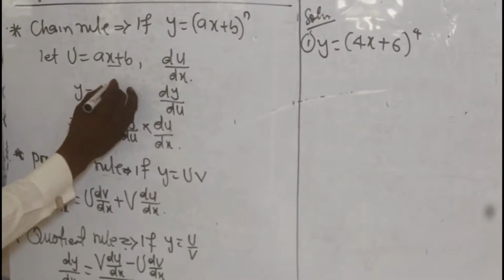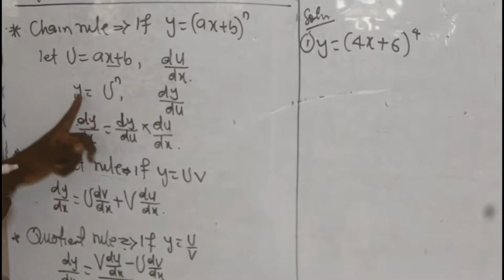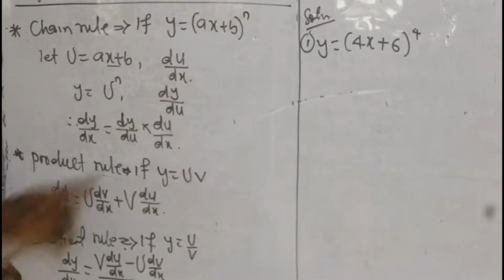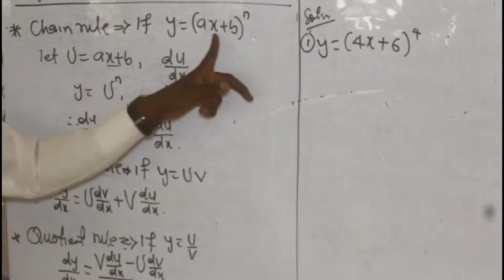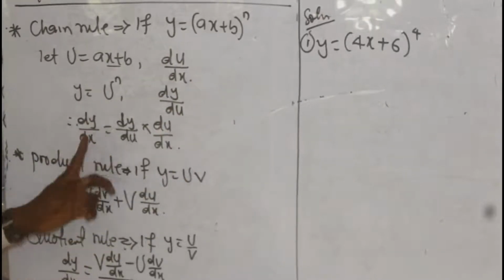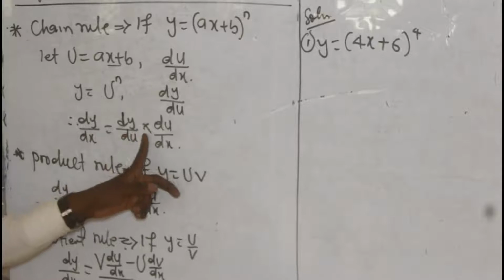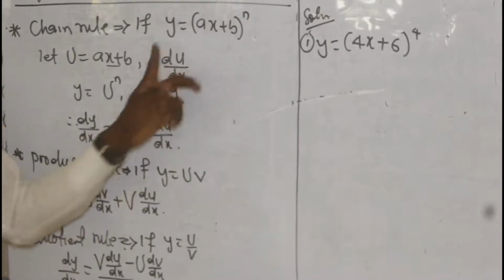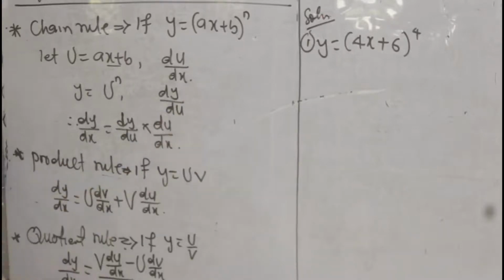Your y now will be u raised to the power of n. Then you now find dy/du. So you let something be u inside the bracket, you differentiate it, you have your y. Then you now multiply them together. So dy/dx is equal to dy/du times du/dx. That is all about the chain rule. You let it be something, you differentiate it, then you multiply them together.